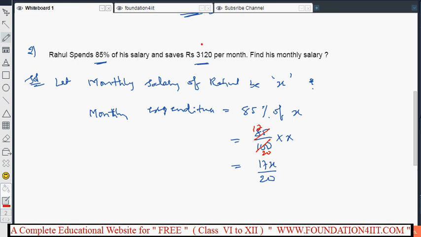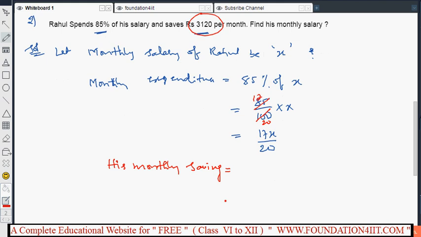Now your condition given is saving. So monthly saving is 3120. That is, 17x by 20 is expenditure and salary is x.